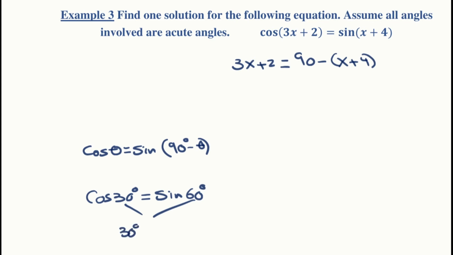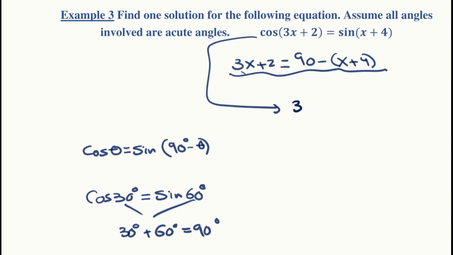So 30 plus 60 equals 90. So more natural than writing this, which is going to be an equivalent, is to actually start out with this. The fact that 3x plus 2 plus x plus 4 should be 90.